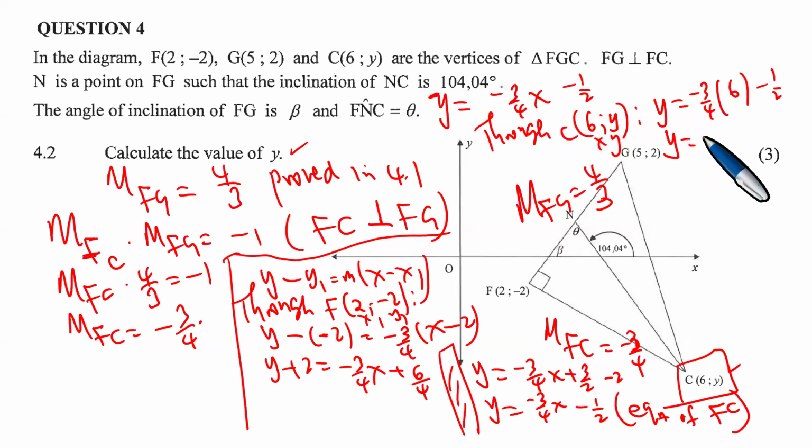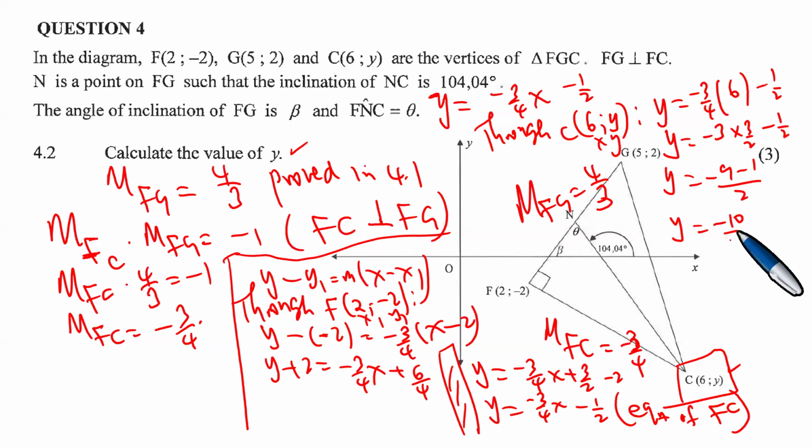You divide through by 2, which is -3. 2 goes into 6 three times, and 2 goes into 2 once there. Minus 1/2. So y equals -9 minus 1/2, and y equals -10/2. -10/2 is -5.